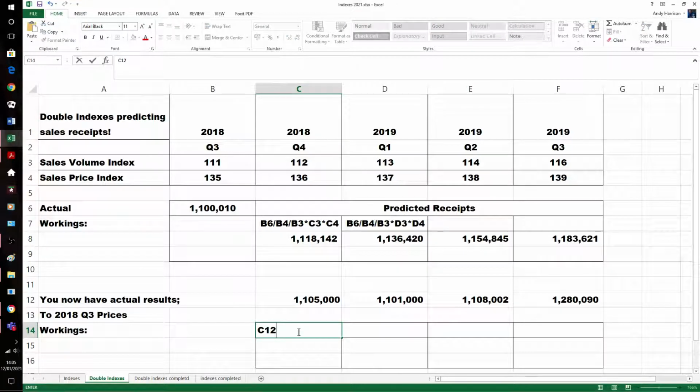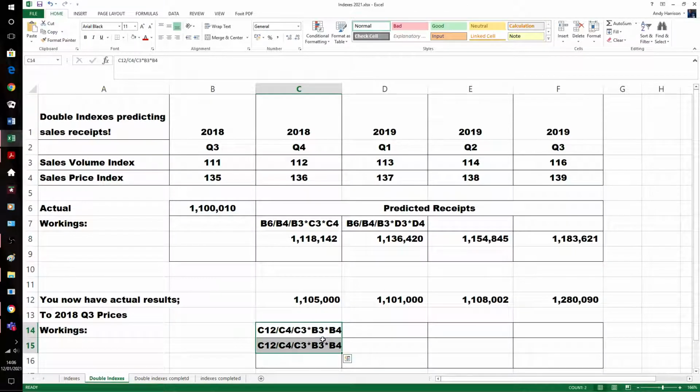But if we take, so this is essentially a deflation with double indexes. So we've taken the value, divided it by its own price index and its own volume index, times it by and then the price.